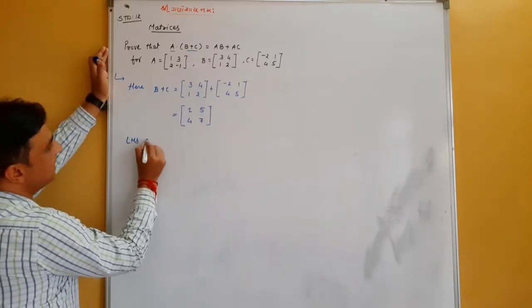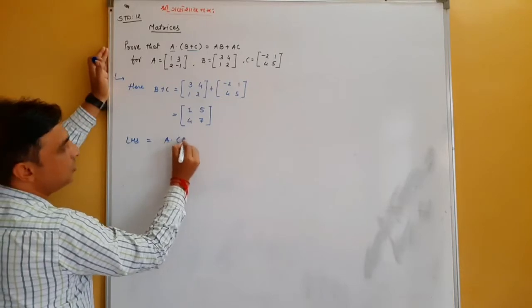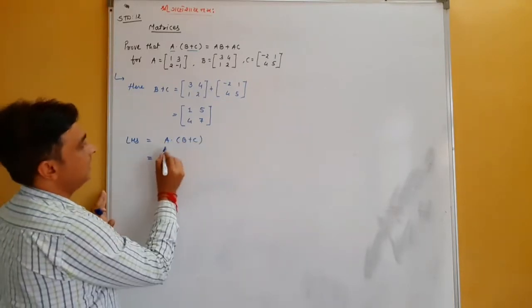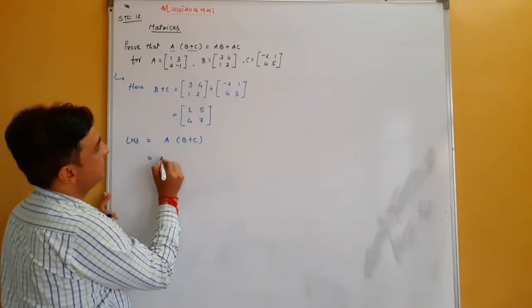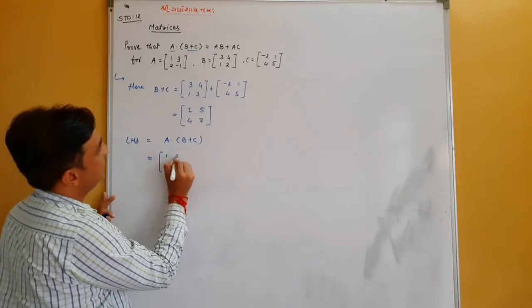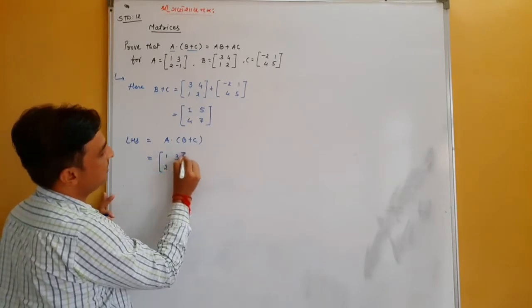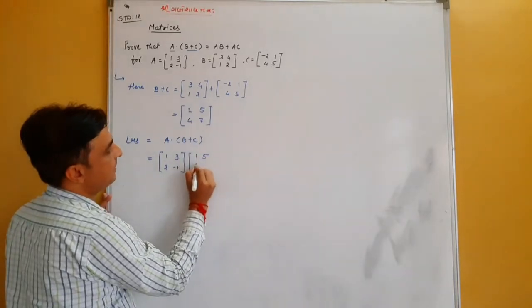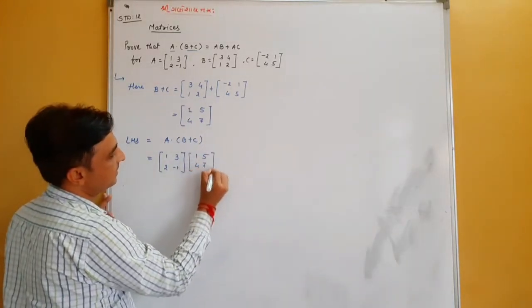Now our left hand side is A into B plus C. That means matrix A, 1 3 2 minus 1, and B plus C is our matrix 1 5 4 7.